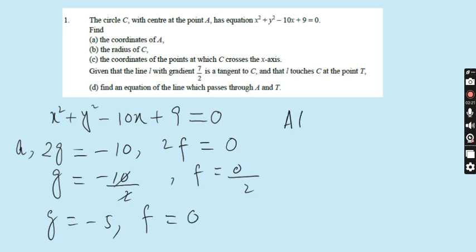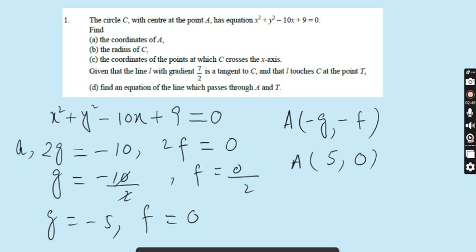Hence the coordinates of A, that is the center of circle C, which is (minus g, minus f). Therefore minus minus is plus 5, and minus into 0 is always 0. So this is the first requirement of question number 1, the coordinates of the center, that is A.